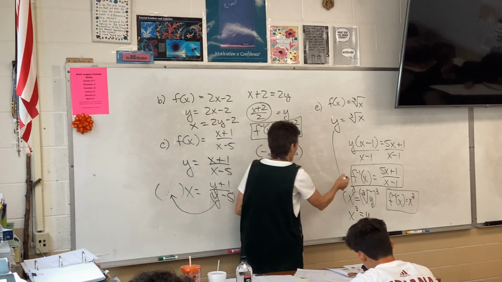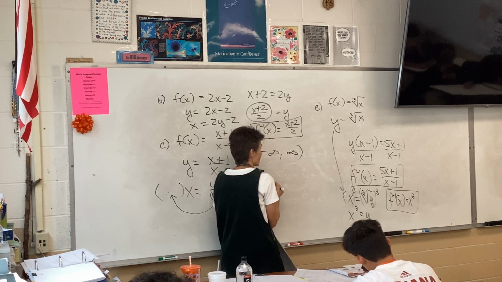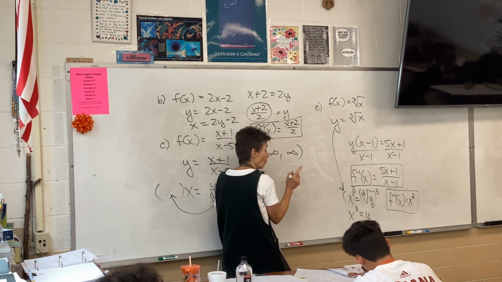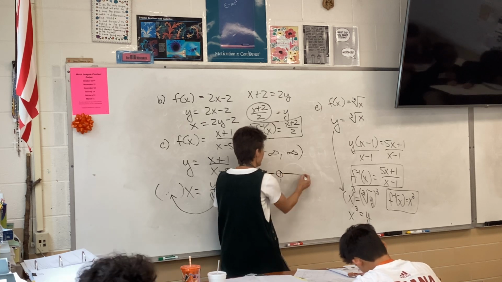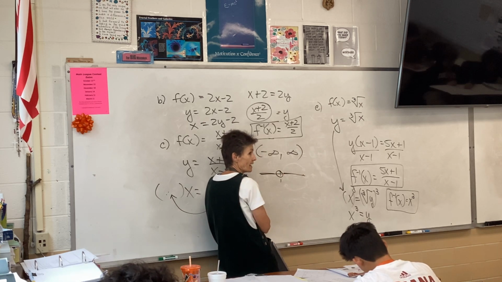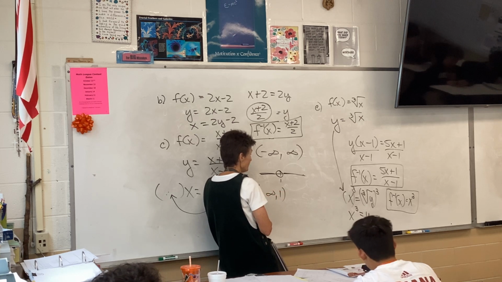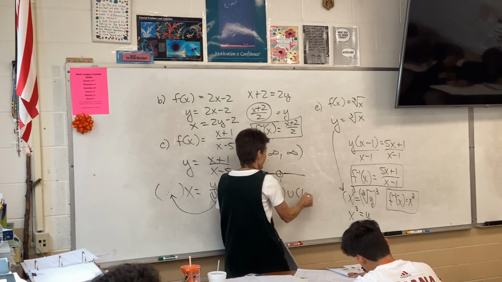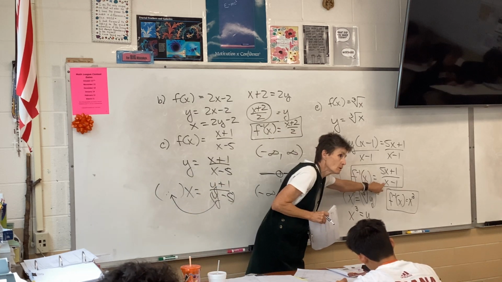How about this one? What's the domain of that one? It can't be 1, yeah. Right? So if you think about it on a number line, it can be all of this and all of that. So negative infinity to 1, or 1 to infinity. Everything except 1.